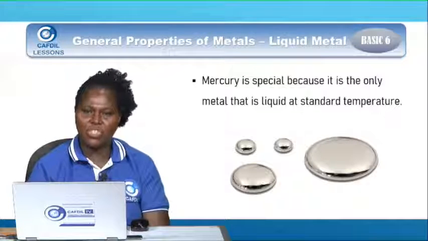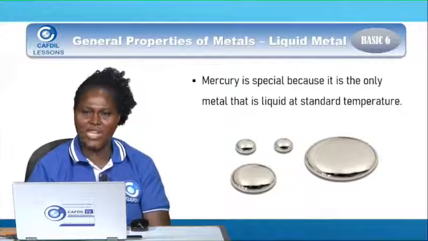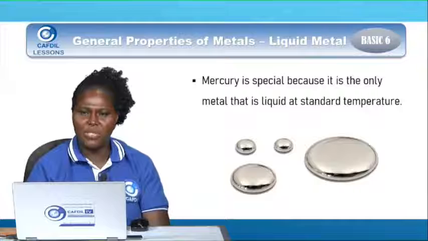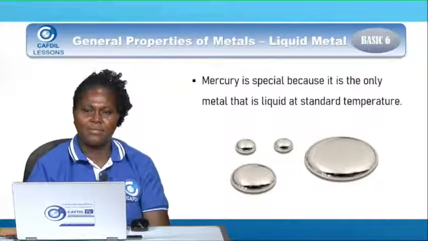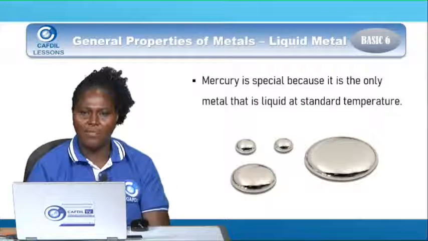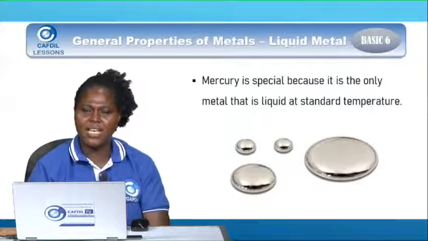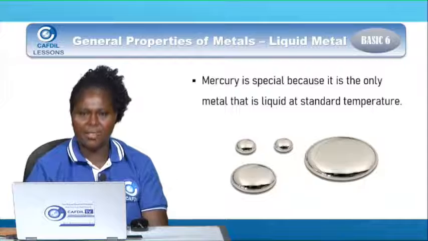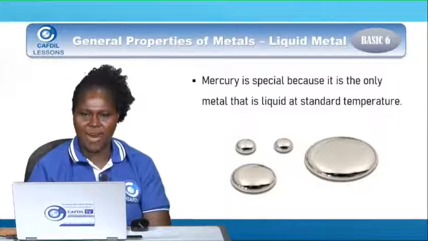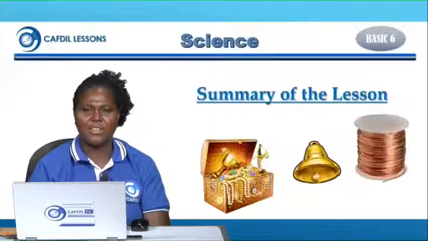They use it to check our temperatures. When they put it on our armpits, it rises according to the temperature of the body. Yes, the mercury rises in the glass and it reads our temperature.